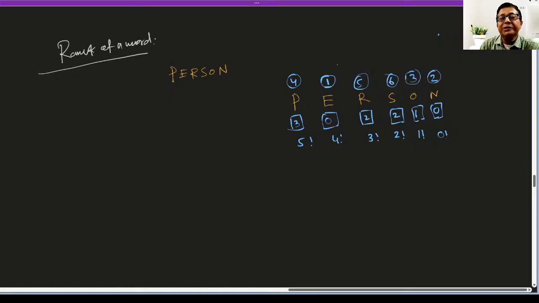Now, what you will do there, you will find whether any repetition is there or not. Is there any repetition? No repetition is there.